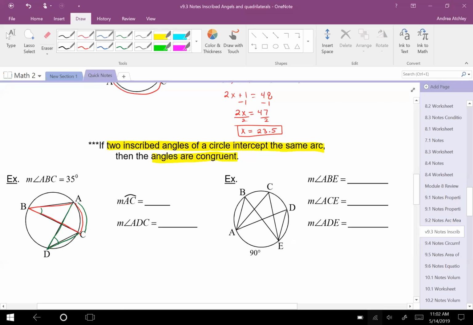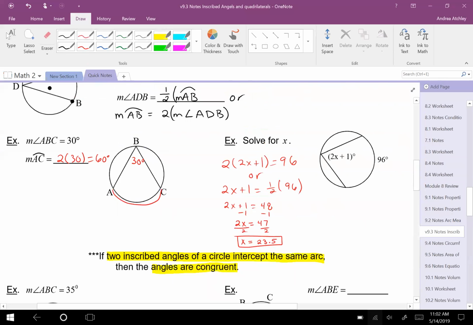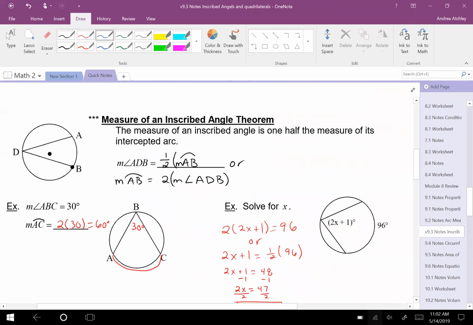So they say that angle ABC is 35 degrees. Okay, Sasha, what do you think the arc is? If this angle is 35, what would the arc be? Okay, so let's go back to the relationship. The angle is half as big as the arc, or the arc is twice as big as the angle. So I'm giving you the angle.